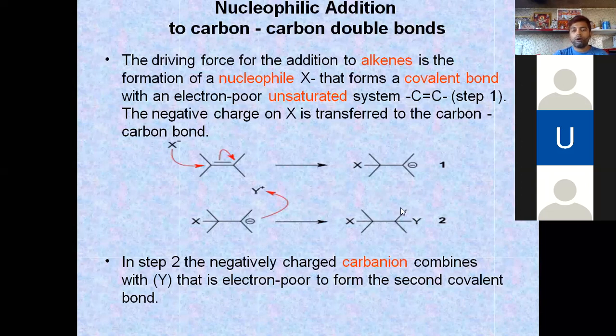So this is our final product. In step 2, the negatively charged carbanion combines with Y. Y is an electrophile, that is an electron poor species, to form the second covalent bond.